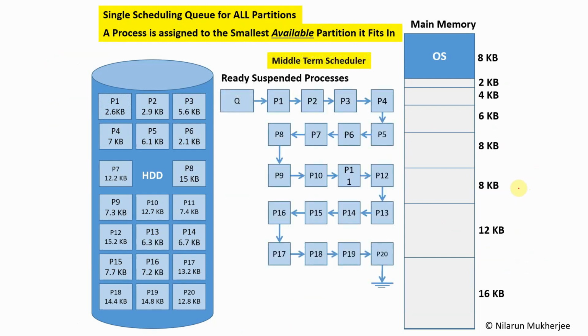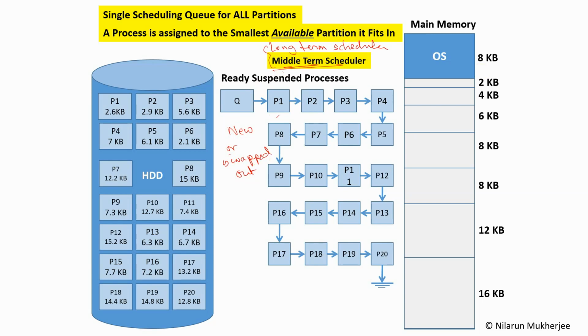So we have a single queue where all the processes are new, ready or suspended. I am taking the term midterm scheduler in the context that some of these processes can be new or swapped out by the midterm scheduler.